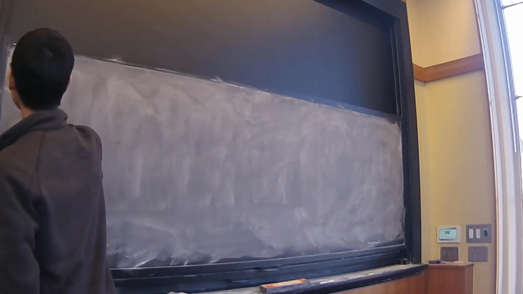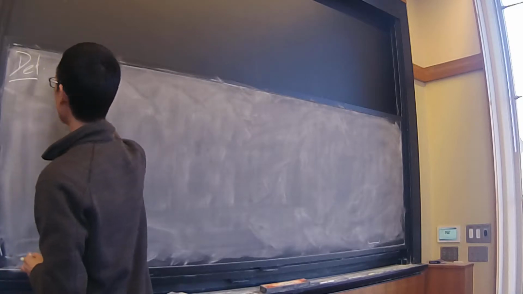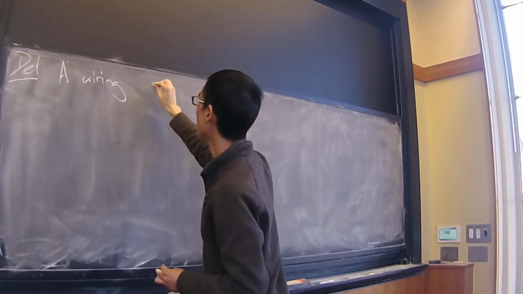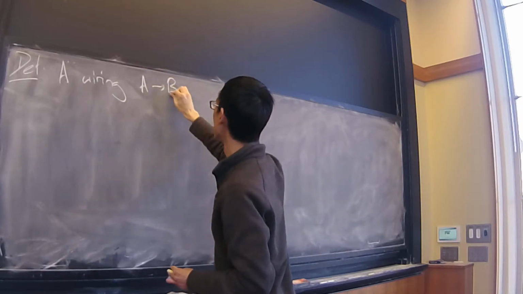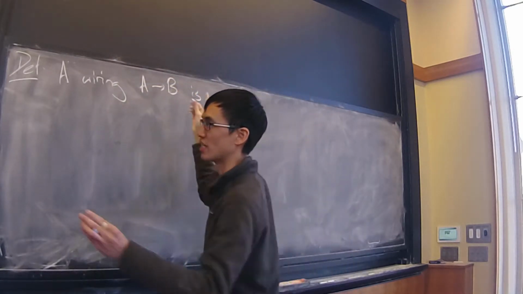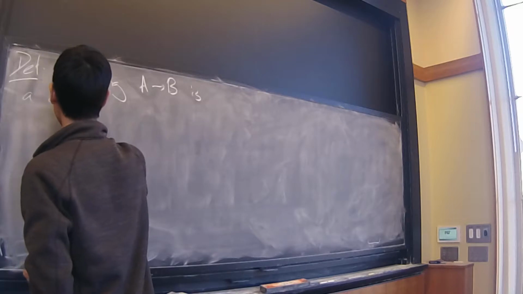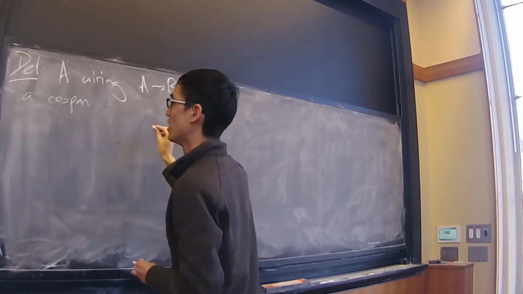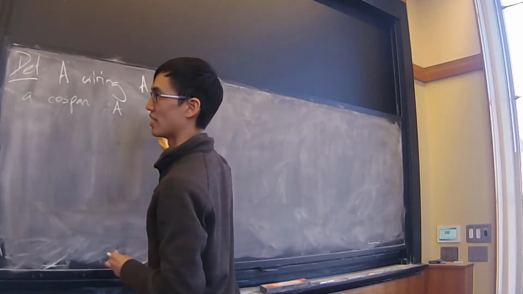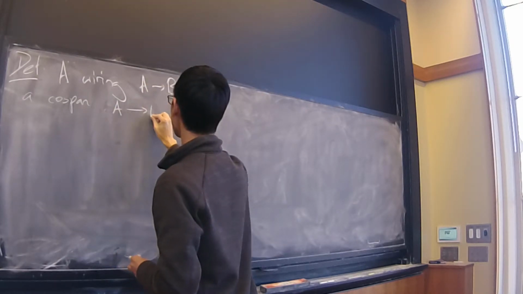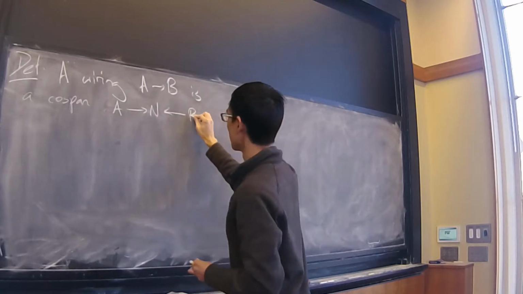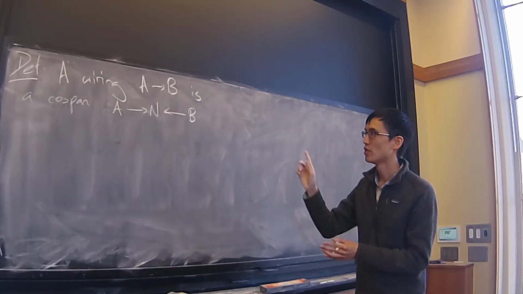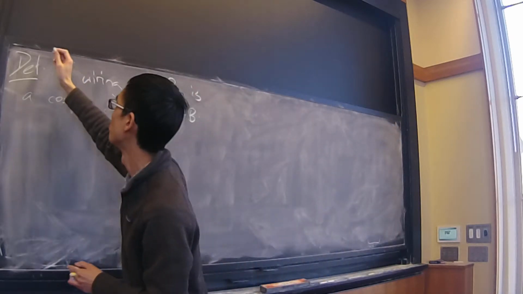So the new definition is we want to say that a wiring A to B now is, again, a cospan of finite sets, A to N to B. But, so, bad definition.